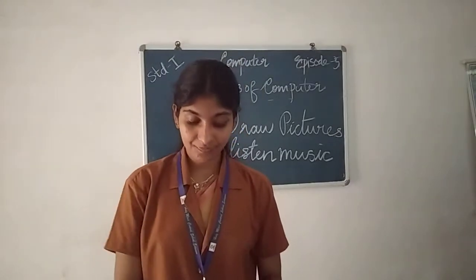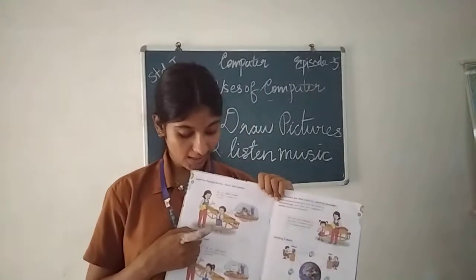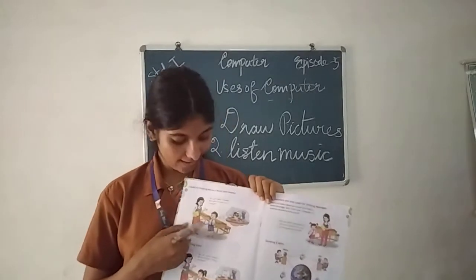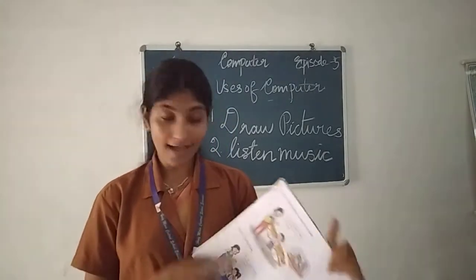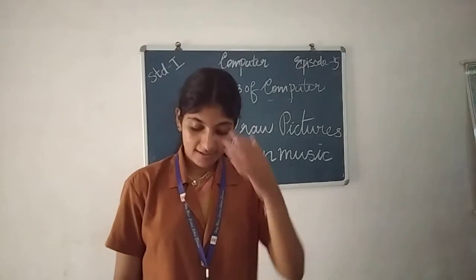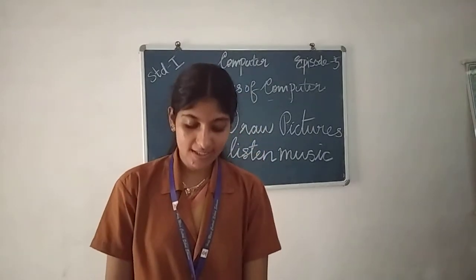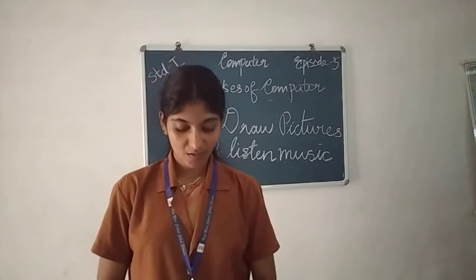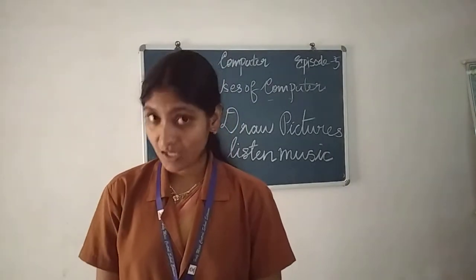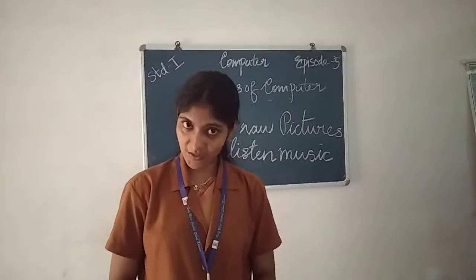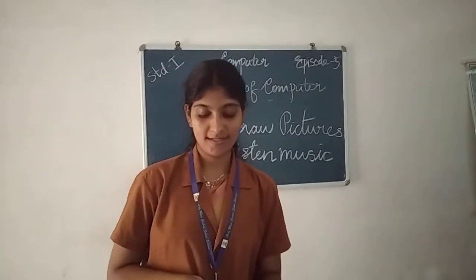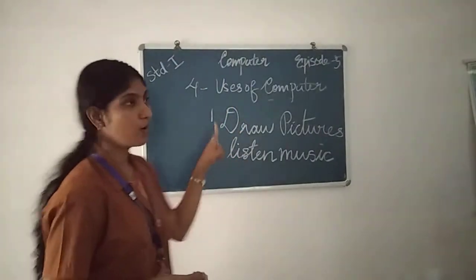So look at this picture. There is a boy and his teacher. He says that we can watch movies and listen to music on a computer. What was he saying? We can watch movies and listen to music on a computer. So, first use, draw pictures.